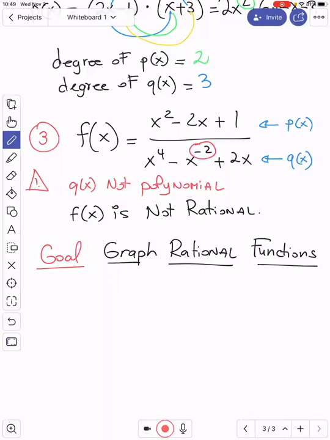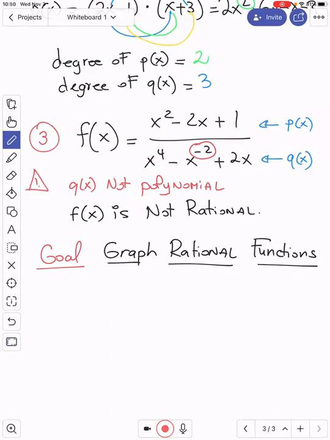I mean, as you can expect, it's a quotient. So we need to be careful. All right, so I'm going to graph a couple of very simple examples of rational functions, make a couple of observations about the graphs, and we're going to use that to graph our rational functions.